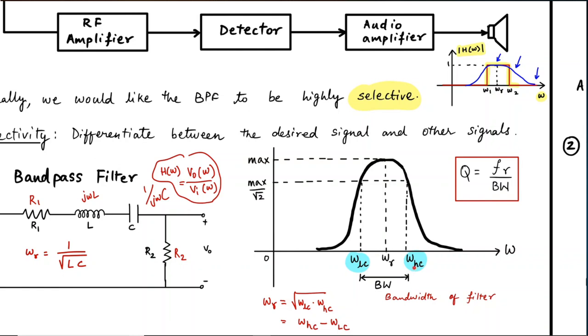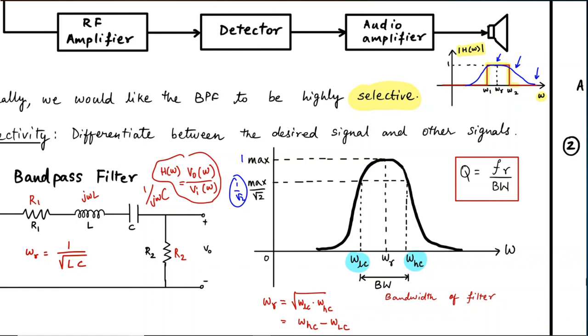How do I derive the upper and lower cutoff? Well, if you know the maximum value, let us suppose this is 1, then it would be 1 divided by square root 2. So we are going for half power bandwidth here. If it is half in terms of power, in terms of the frequency response, it would be divided by square root 2.